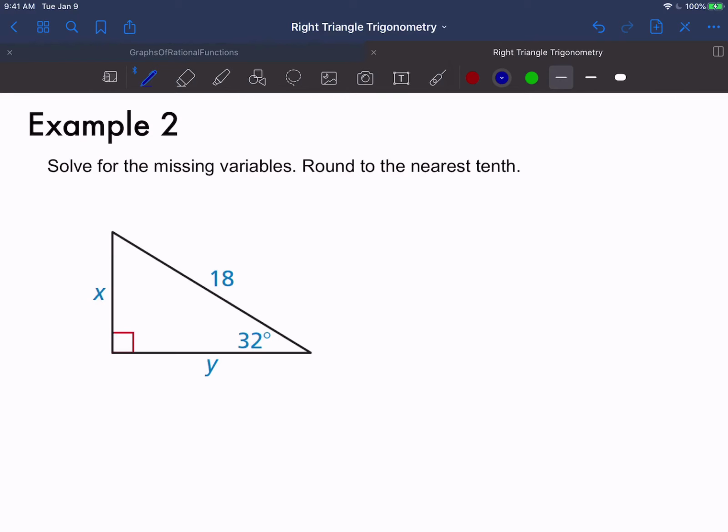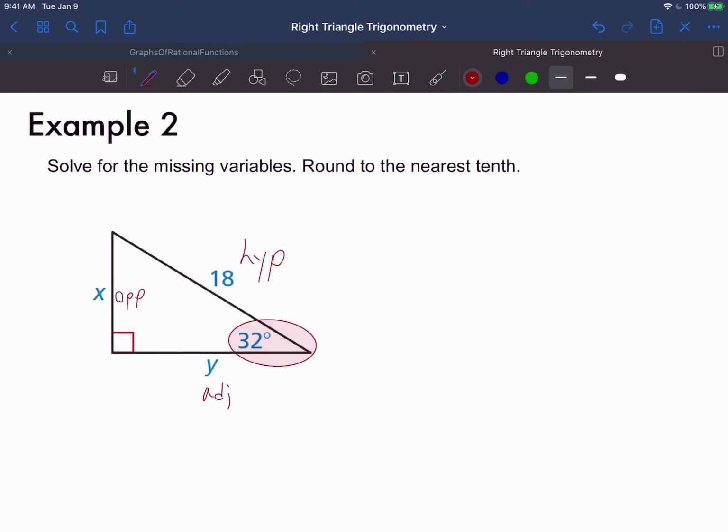So now it's really important that we establish that's our vantage point. And then I'm going to say that this is opposite, this is my adjacent, and here's my hypotenuse. So like when you're solving any problem, it's important that you write down the relationships that you know.